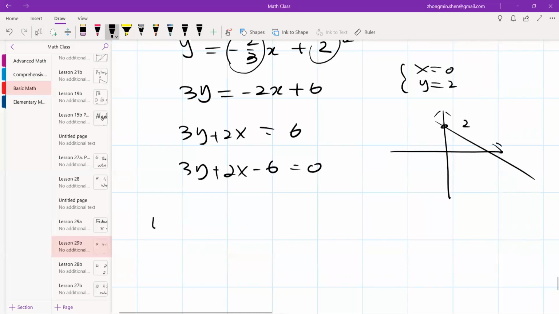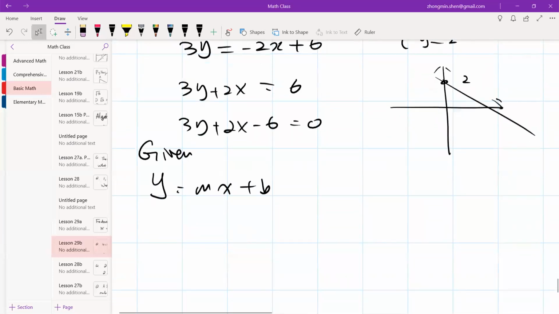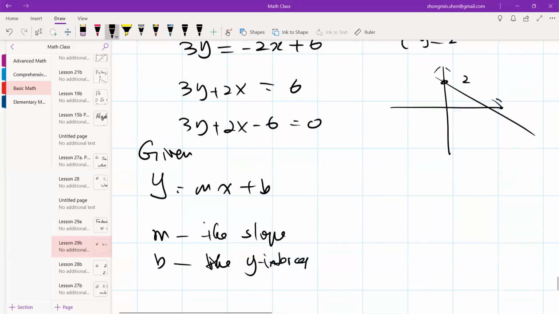Whenever you get an equation like this, you can always tell that m is the slope of the line, and b is called the y-intercept.